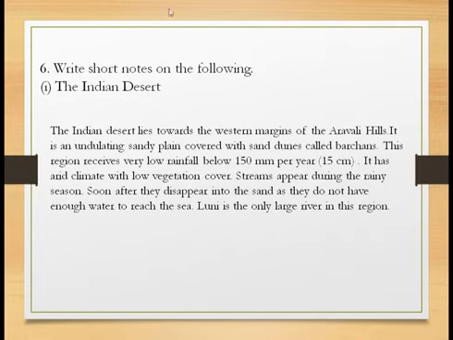First the location where it is, then vegetation, then the climate and rainfall, and after that the river Luni and so on.